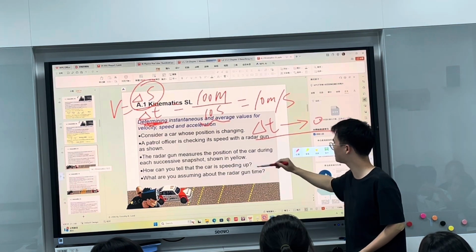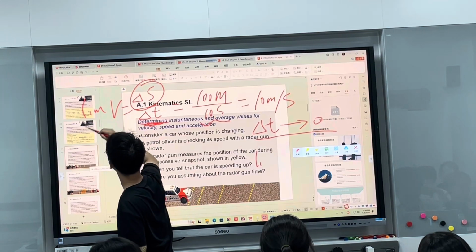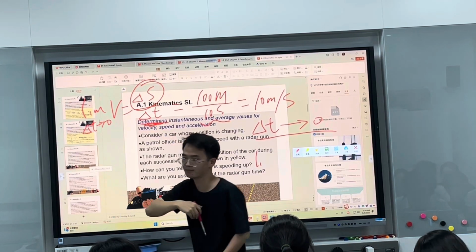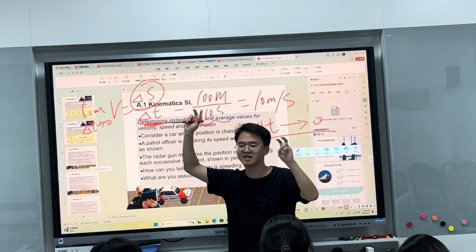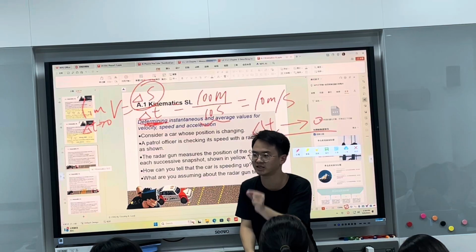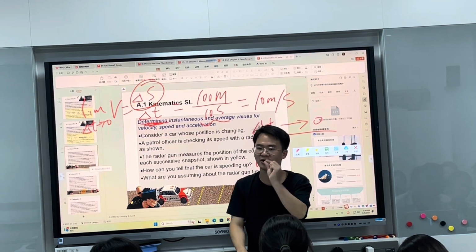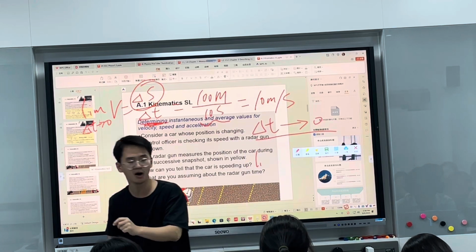You're getting the limit of this when delta t is approaching 0, right? You can think of instantaneous velocity as the average velocity of a very, very short time period. This time period is approaching infinitely small, approaching 0.